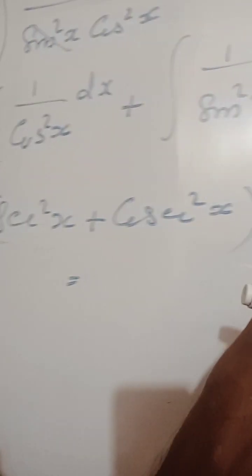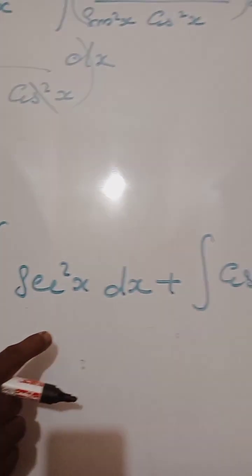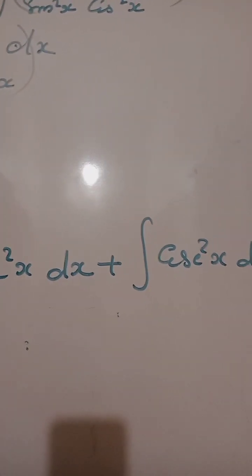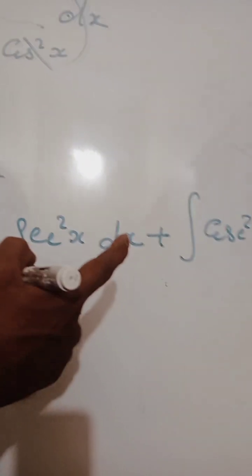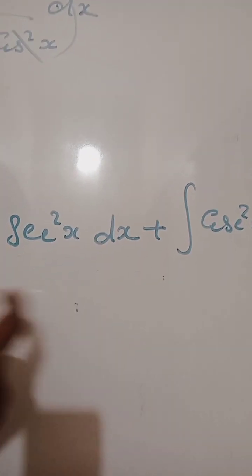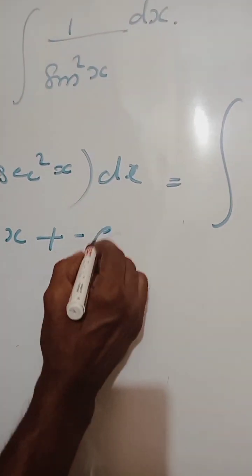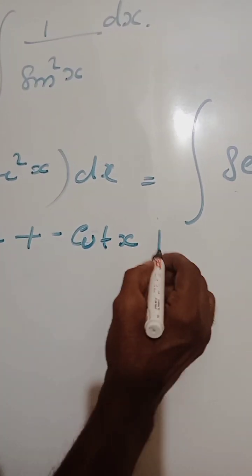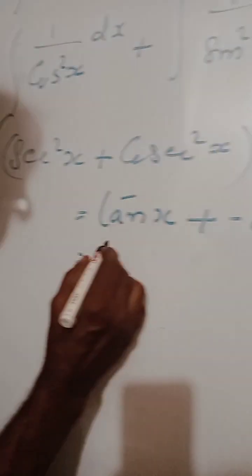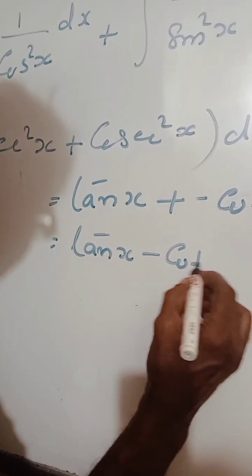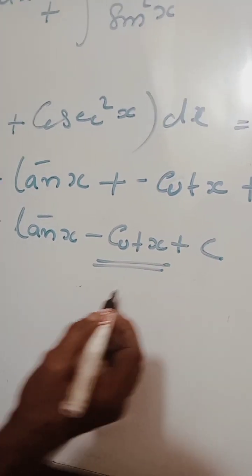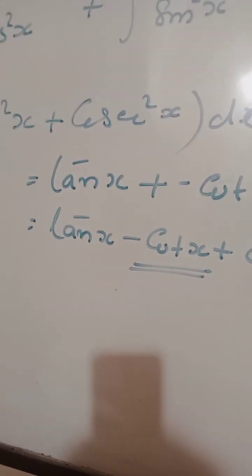We know that integration of sec square x dx is equal to tan x, plus, and we know that integration of cosec square x dx is equal to minus cot x plus c. Therefore, the result is equal to tan x minus cot x plus c, where c is the constant of integration.